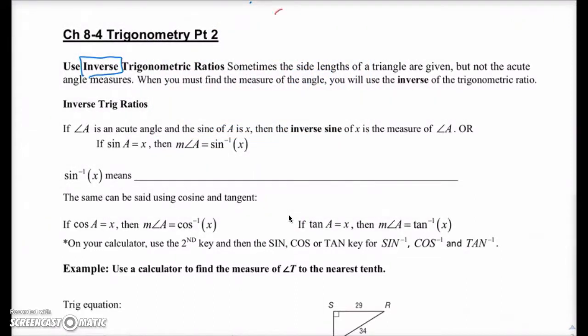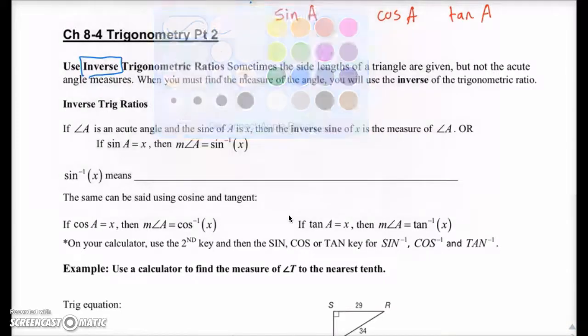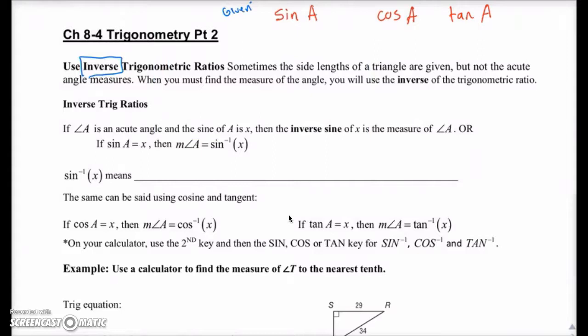So yesterday we talked about how we have sine of an angle A, cosine of an angle A, and tangent of an angle A, right? So before we were given the angle, and we use this trigonometric ratio to find a side, right?